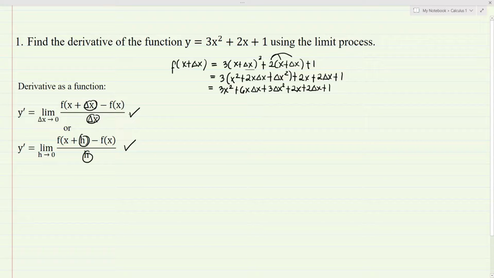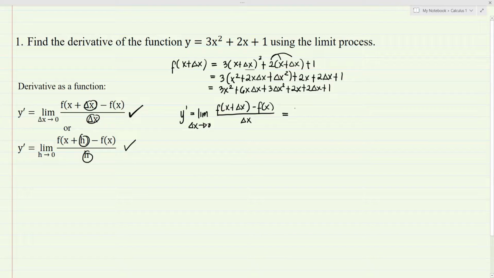So I will use here this equation. I would have here y prime equals the limit of f of x plus delta x minus f of x divided by delta x as delta x approaches 0. Let's plug in our functions.